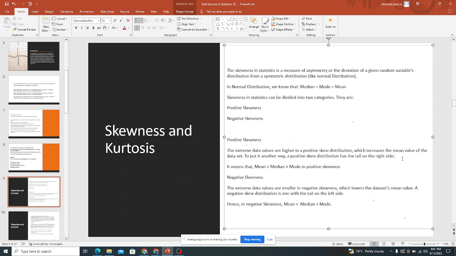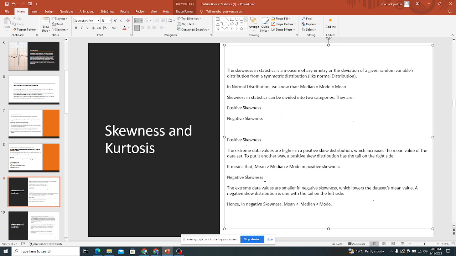Remember we said during measures of central tendency that the mean is affected by outliers. So if we have large values mostly within the long tail, our mean will tend to be shifted to that side.